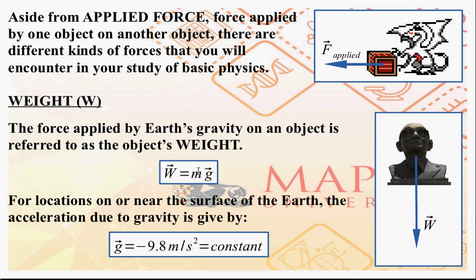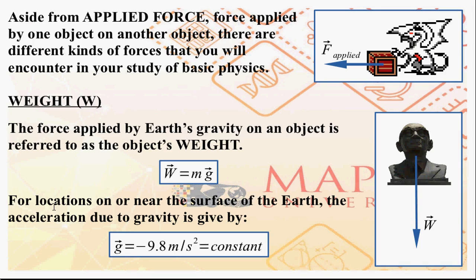And since acceleration due to gravity depends upon the location of the object, it is different for different locations. For locations on or near the surface of the Earth, again, this will be the default situation for most of the problems and objects that you will encounter in our course.